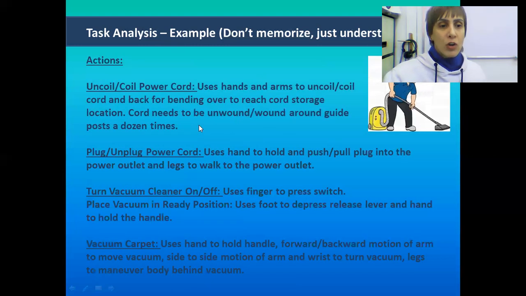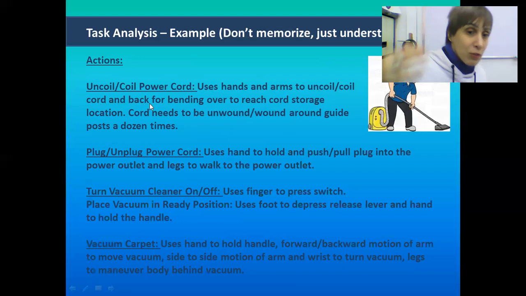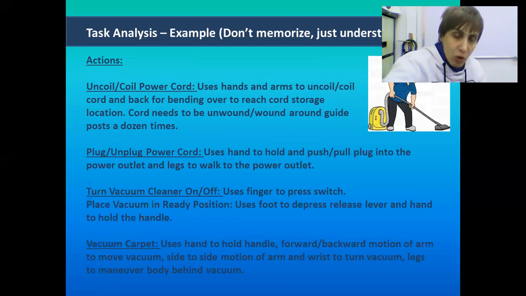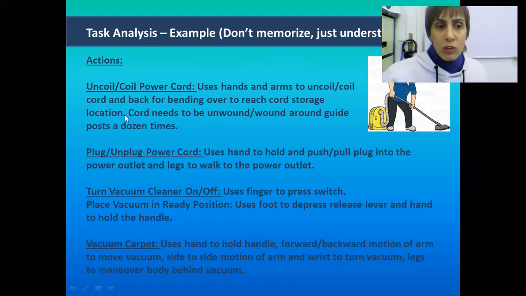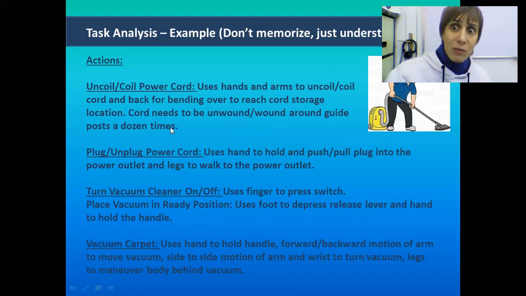Okay, so the first step, you use hands and arms to uncoil the power cord, and your back for bending, you bend over the whole body to reach the cord storage location. Cord needs to be unwound and wound around guideposts a dozen times.